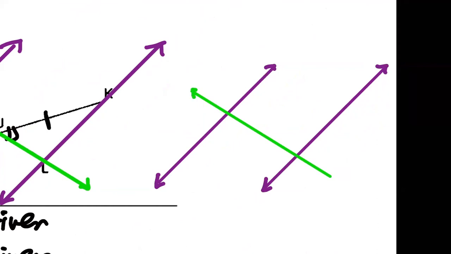Well, we know things about consecutive interior angles, alternate interior angles, alternate exterior angles. But it's actually even simpler than that. We learned as a sight recognition, if the angles look like they're the same size, they are.